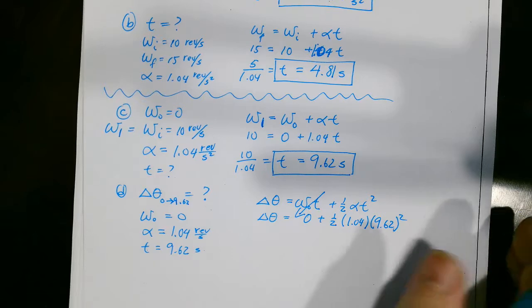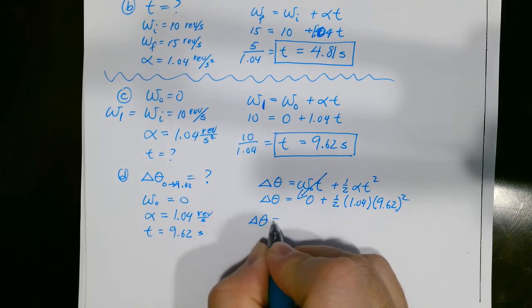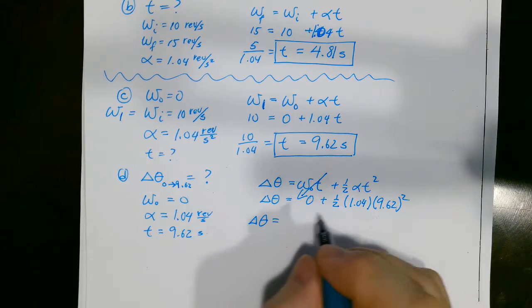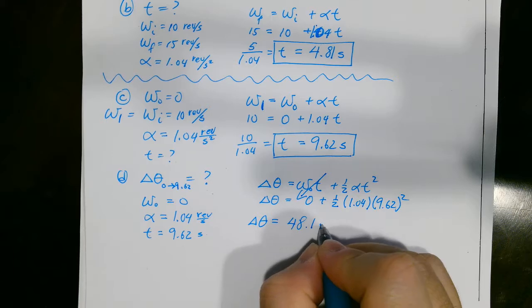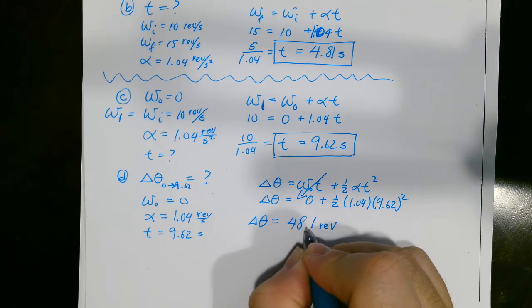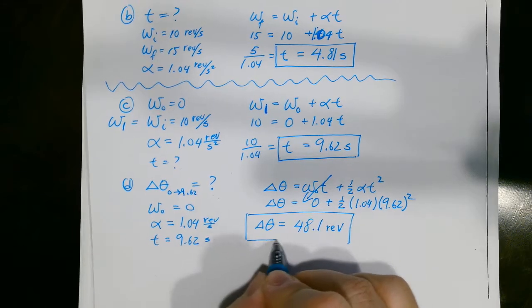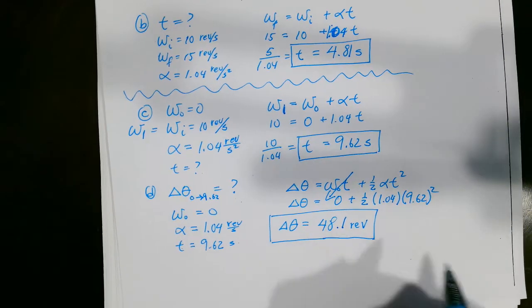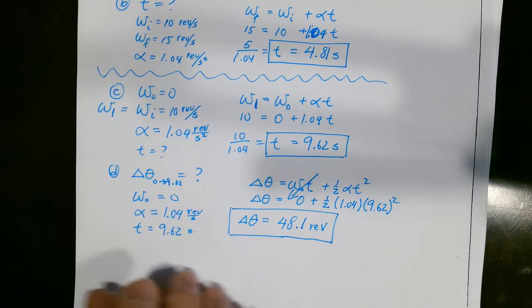If you work this out using your calculators, my delta theta comes out to 48.1 revolutions. So it turns a little more than 48 times to go from start of 0 to 10 revolutions per second.